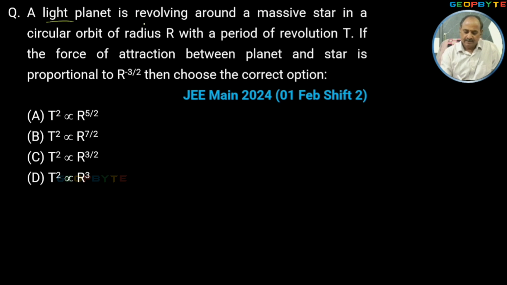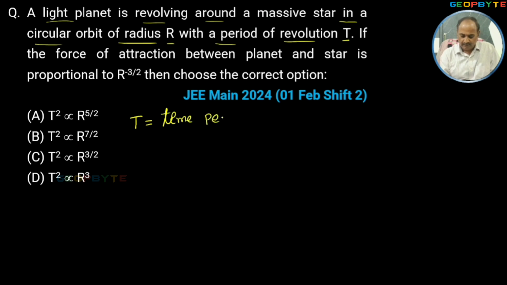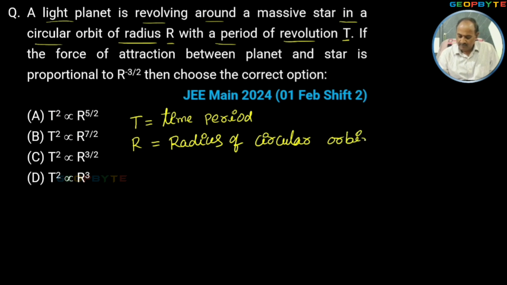A light planet is revolving around a massive star in a circular orbit of radius capital R with a period of revolution capital T. It is given T equal to time period, and R equal to radius of circular orbit.